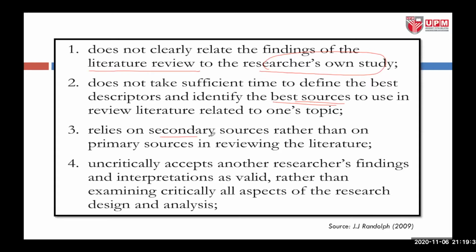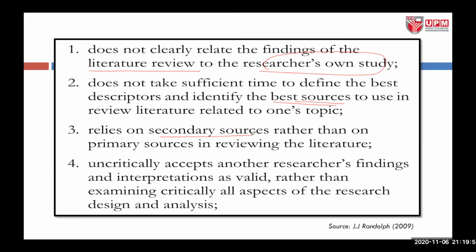What do we mean by secondary sources? You read only another review paper, where the author of the review paper has already summarized the findings from an original work. So reading the review paper means it is considered a secondary source.